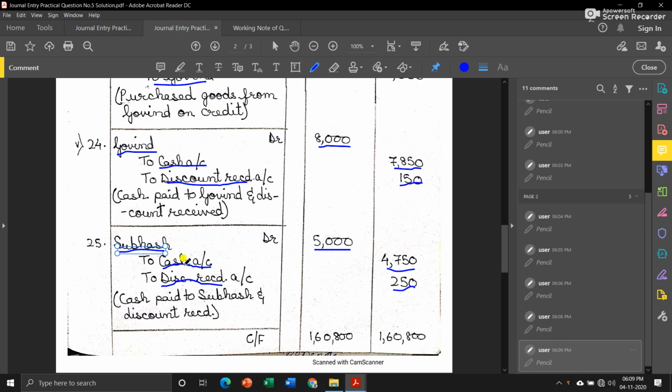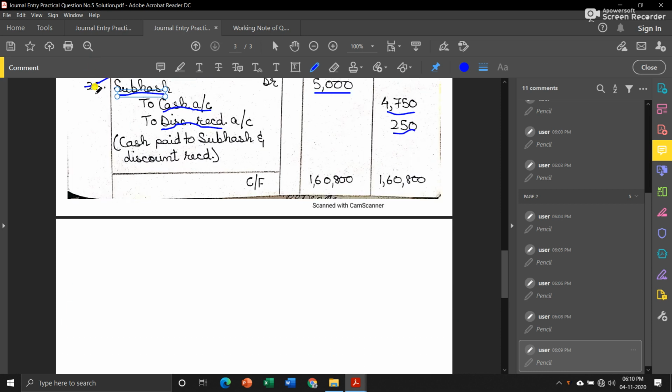First you have to check on which side there is more than one entry, more than one account. Like in this transaction number 25, you can see there are two accounts on the credit side. So first you write down both credit side amounts, and after adding up you write on the debit side, because in all the transactions both debit and credit amounts should be equal.